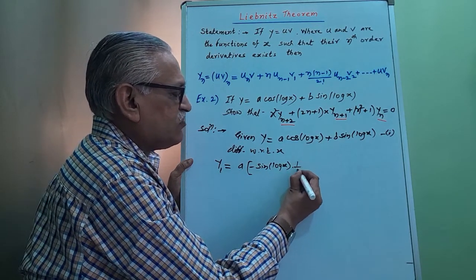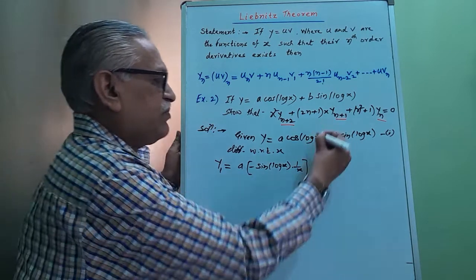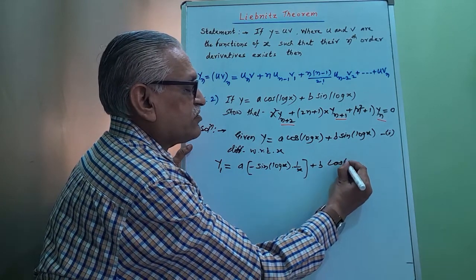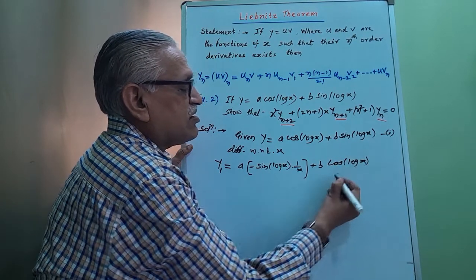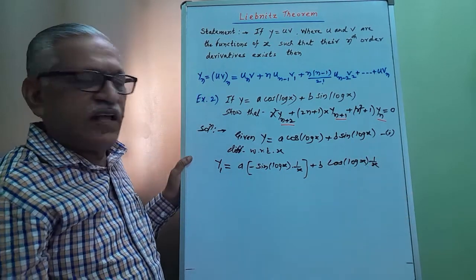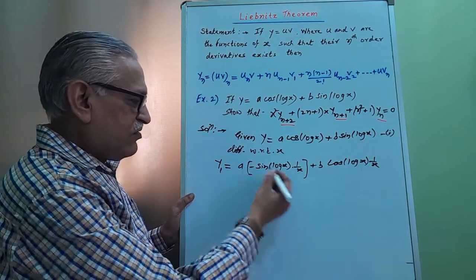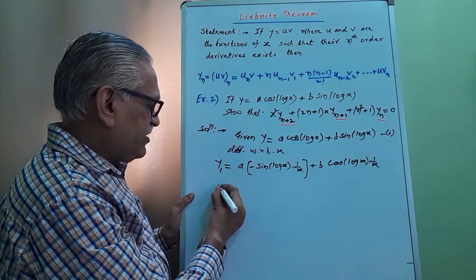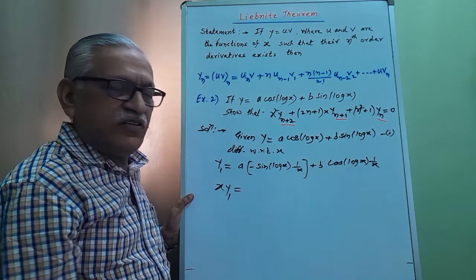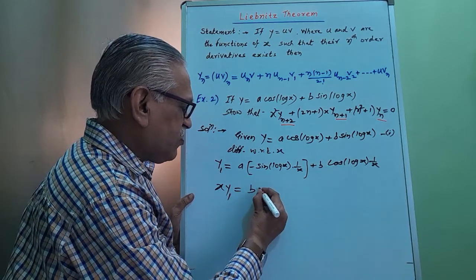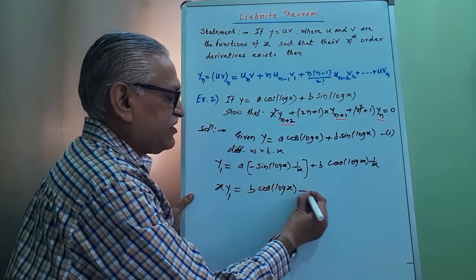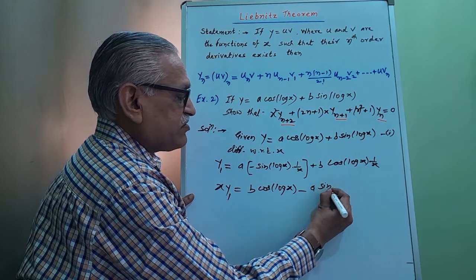Differentiation of log x is 1 by x, plus b into differentiation of sine is cos of log x, and again chain rule, differentiation of log x is 1 by x. Then cross multiplying by that 1 by x, we get x into y1 as, first of all I will write down the positive term. That positive term is b into cos of log x, and this one is minus a into sine of log x.